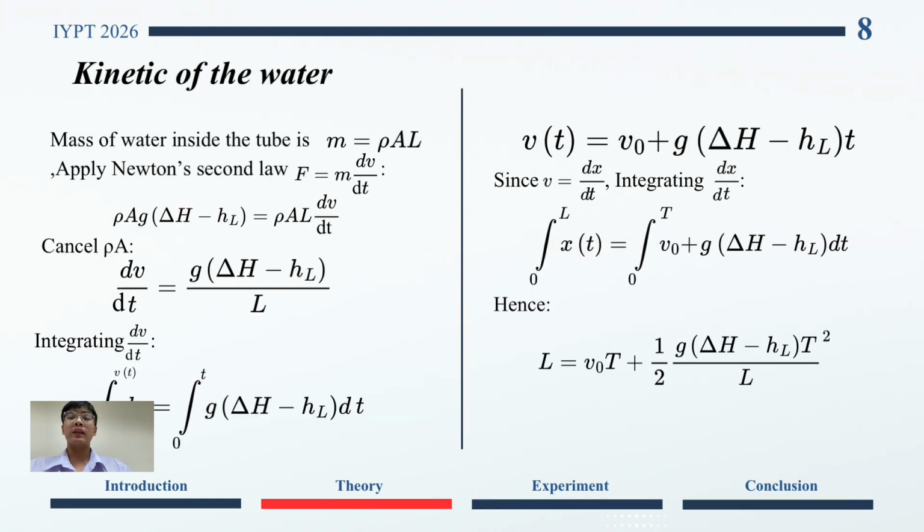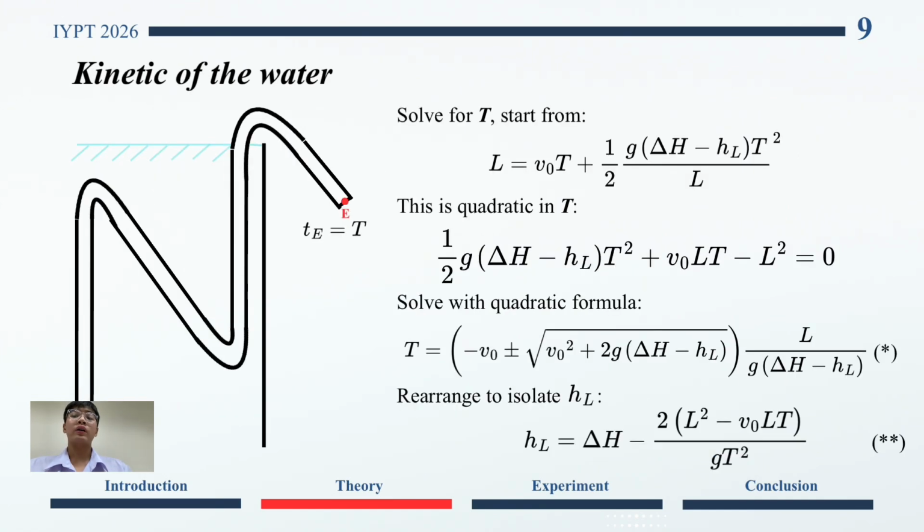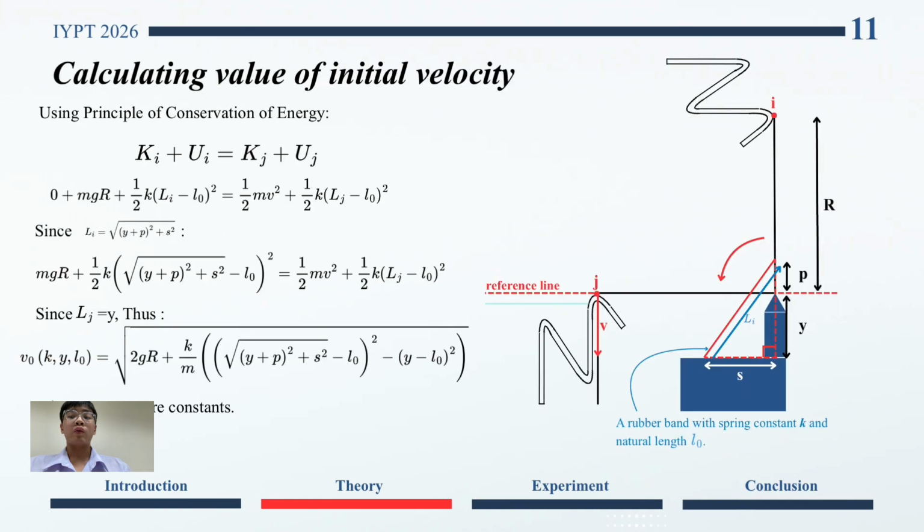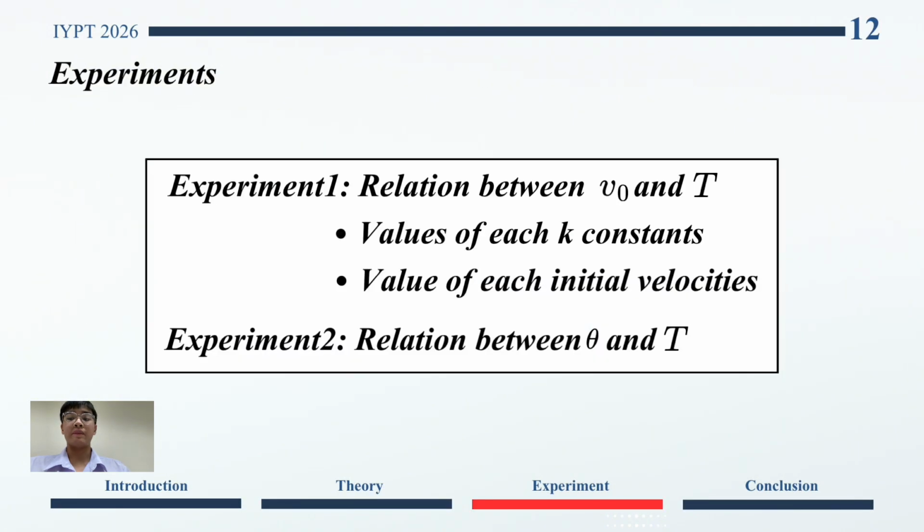Then, using Newton's second law, we have a formula of the distance that water moves through, which relates to time. Using the quadratic formula, we then got a formula of T and HL. Another variable is the angle, which we measure experimentally through V0 and T. We calculate the initial velocity by using the principle of conservation of energy.